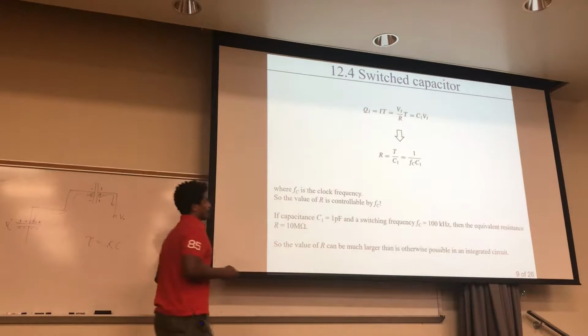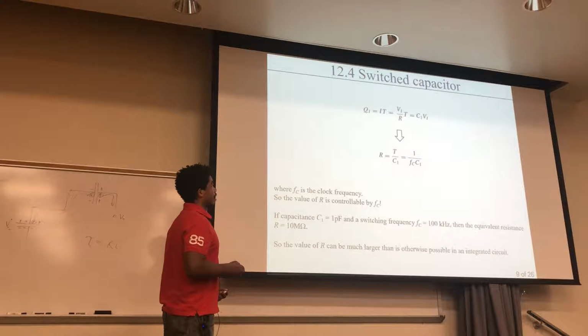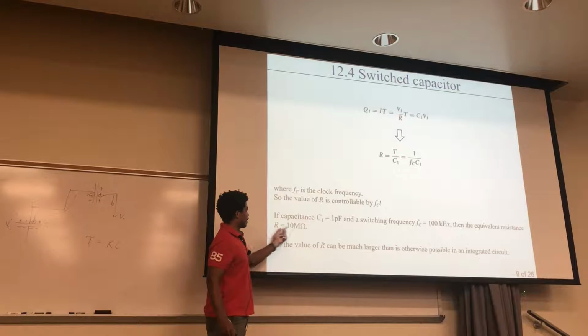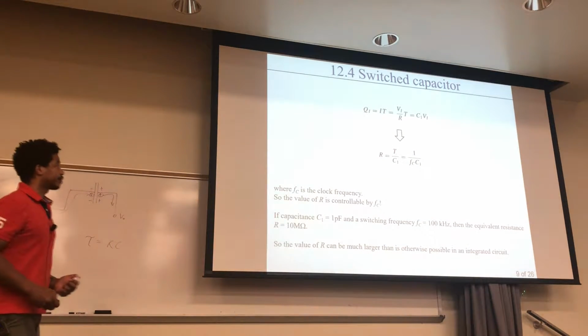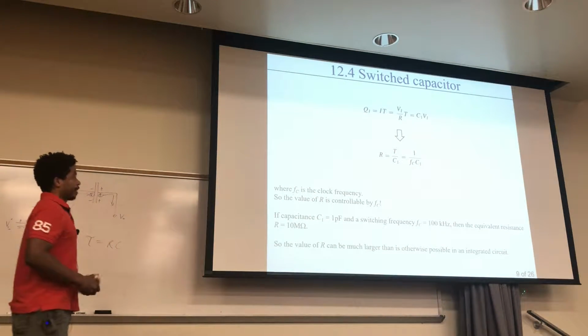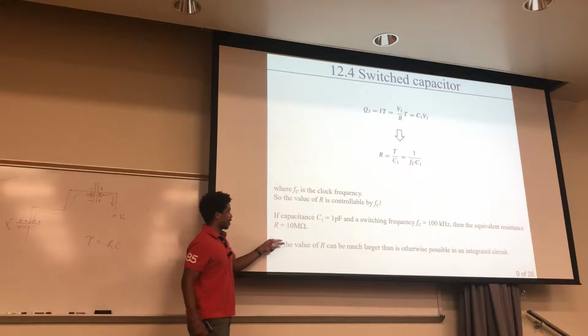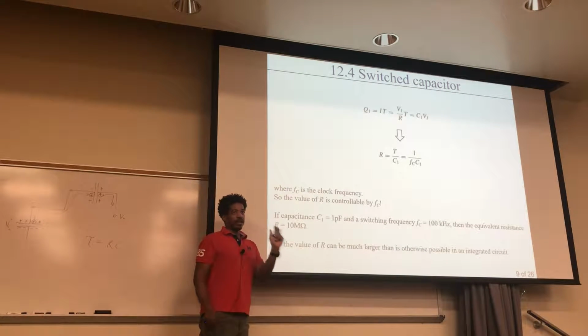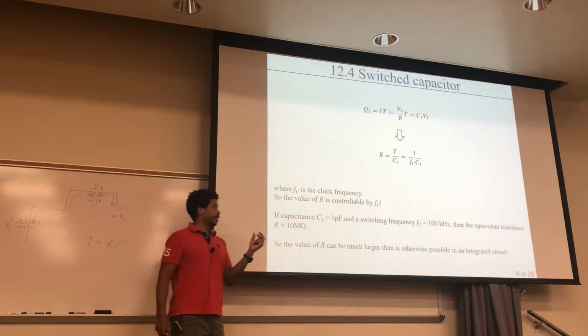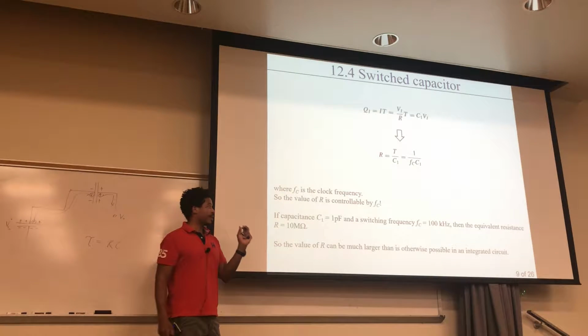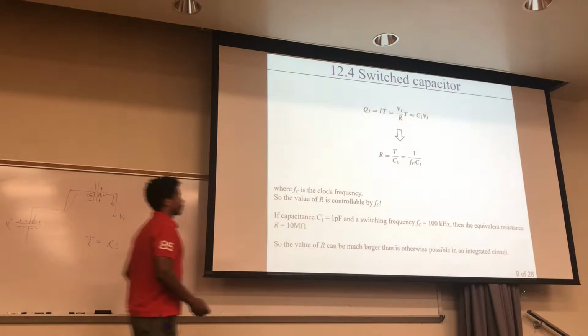And your switching frequency is 100,000 hertz. Then your resistance looks like a 10 mega ohm resistor. And that's one of the great things we were just talking about: for integrated circuits, you can get a really large resistance in a very small amount of area by using switch capacitors.